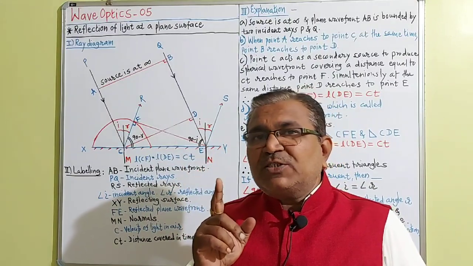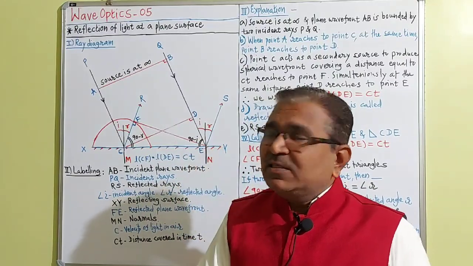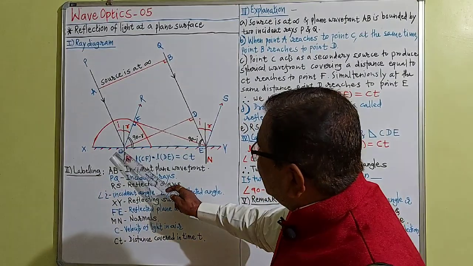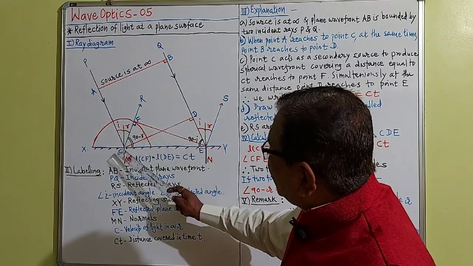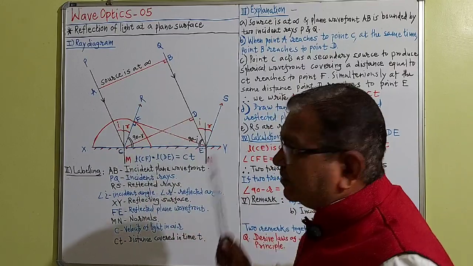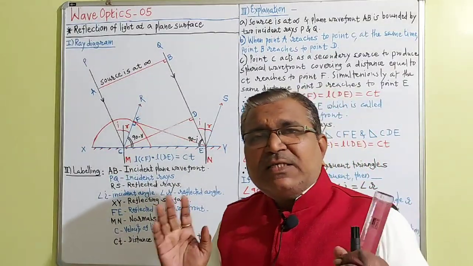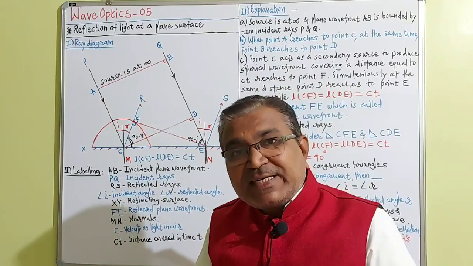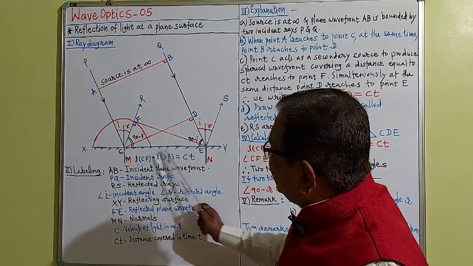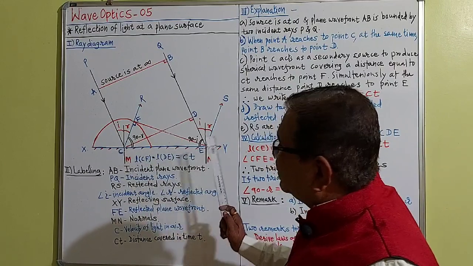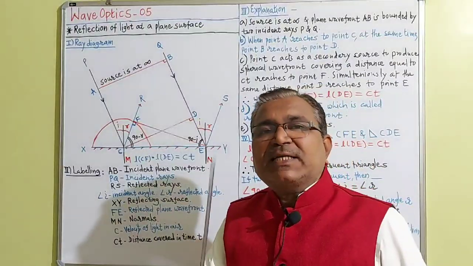To do the calculation, observe the two triangles. Which are the two triangles? CFE is one triangle, and the other is CDE. Comparing these two triangles, the first point we get is that CE is a common side.